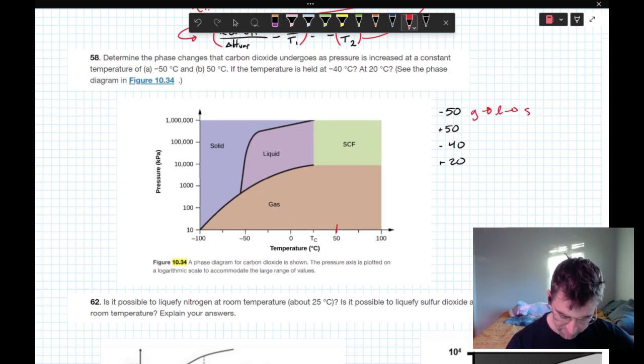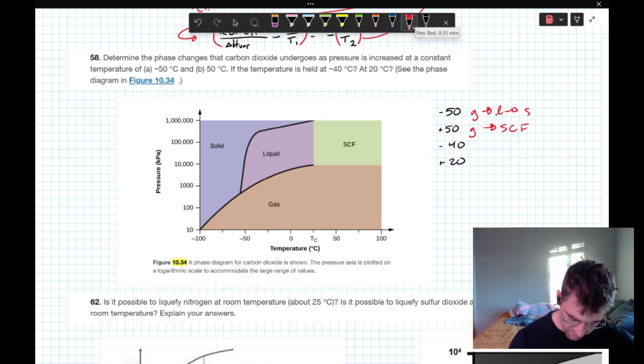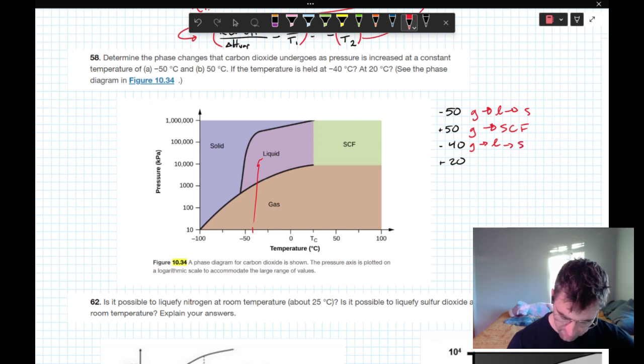If we start at positive 50, we can only go from the gas phase to the supercritical fluid phase. Negative 40, similar story, gas to liquid to solid.